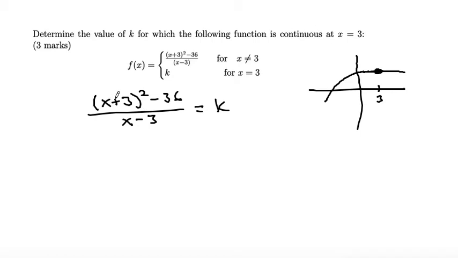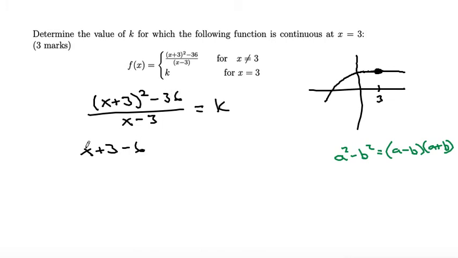I'm going to notice that the numerator is a difference of squares, because we can write 36 as 6 squared. So the difference of squares formula is a squared minus b squared is equal to a minus b times a plus b. So let's rewrite the numerator as the first thing, which will represent our a, is the x plus 3, minus the second thing squared, which is our 6.